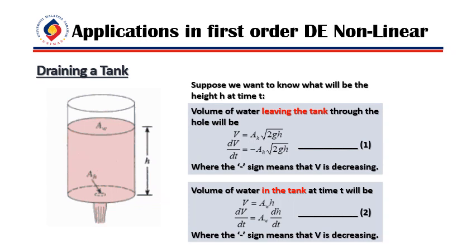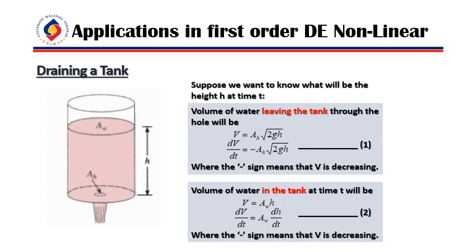The volume of water leaving the tank through the hole is A sub h times square root of 2gh, and from this equation we can derive it, because the volume will change over time, so we derive dV over dt.